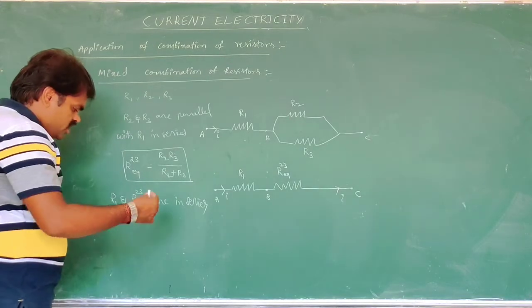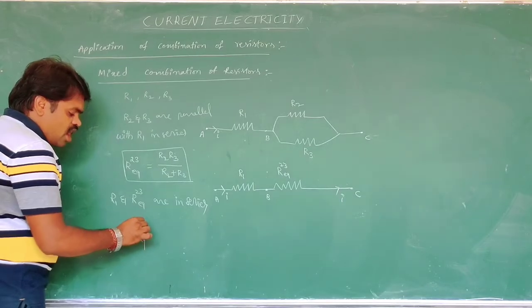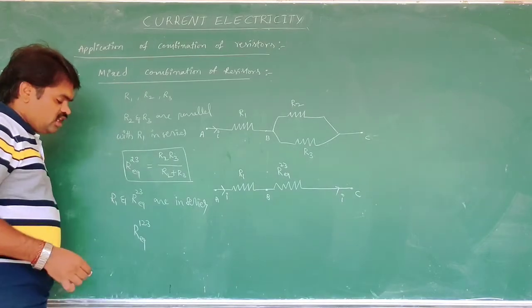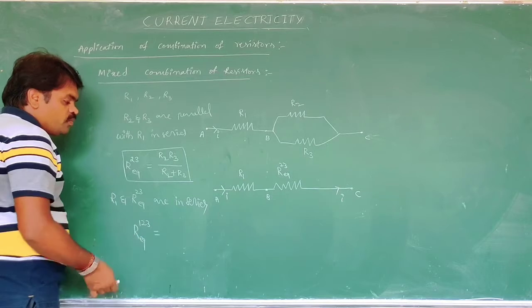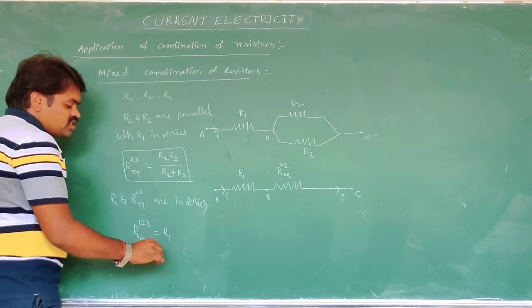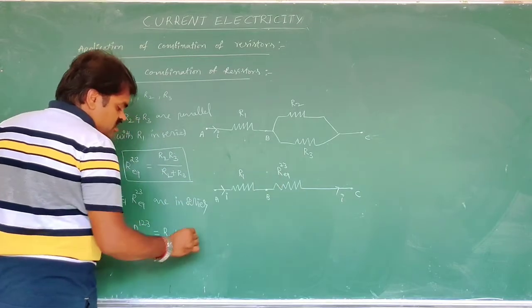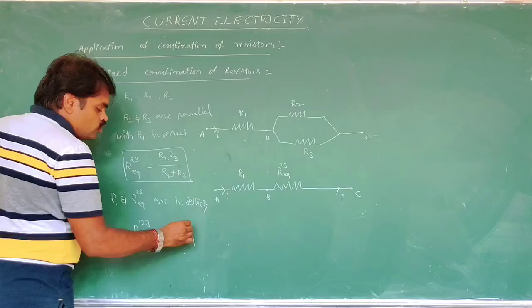In a series combination, the equivalent resistance is the sum of the individual resistances. This resistance is R1, this resistance is R equivalent 2,3.